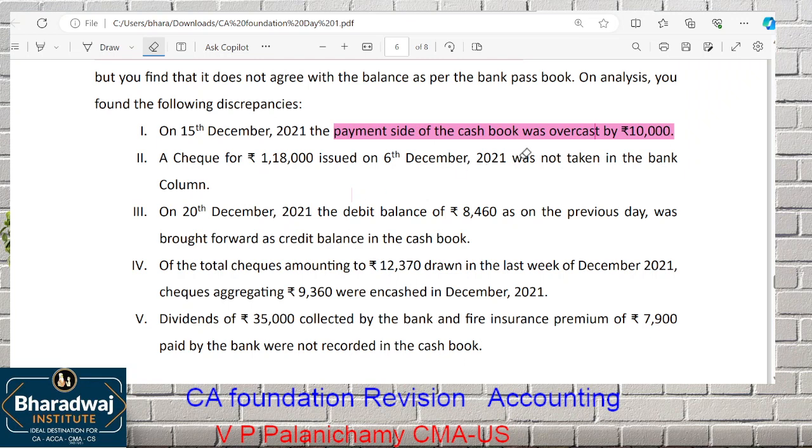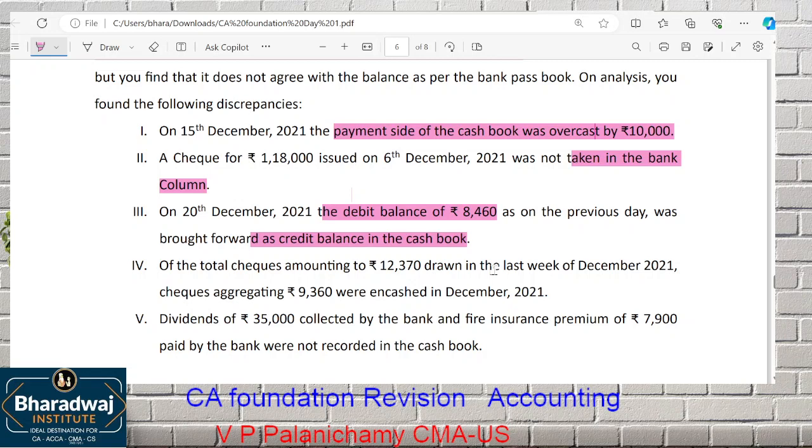Not recorded in which one? Bank column means bank column. Then debit balance of 8,460 has been taken as which one? Credit balance in cash book. Debit balance plus 8,460 should have been put. What did we put on the credit side? 8,460.